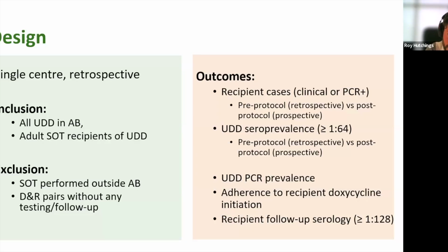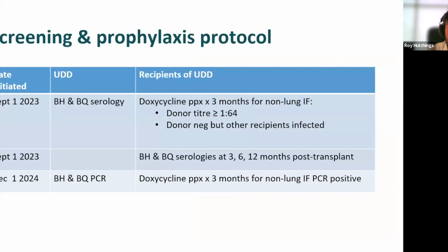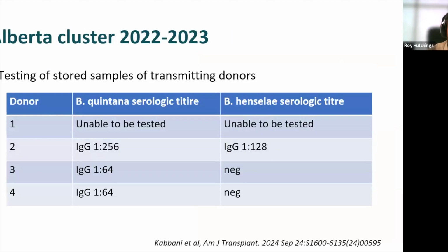Now, for donor seroprevalence, we used 1 in 64 as a cutoff because, as I had shown earlier, in the prior study, half the donors whose recipients had infection had a low serologic titer. And so we wanted to make sure that we were over-inclusive in prophylaxing recipients.